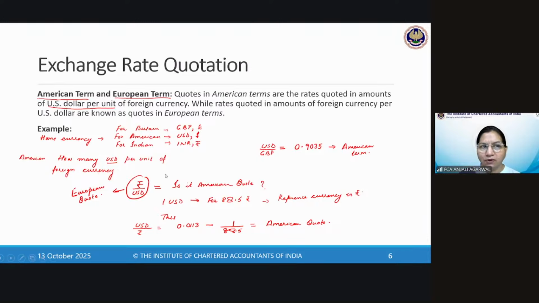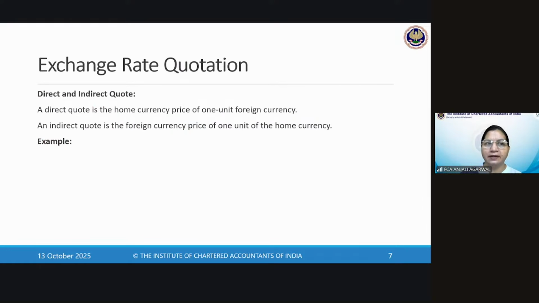We will also talk about one more way in which the exchange rate quotes are expressed, which is direct and indirect quote. A direct quote is the home currency price for 1 unit of foreign currency. Think about it. You go to the market and you ask what is the price of apples. Does he say that if you give me 1 rupee, I'm going to give you 0.05 kgs of apples?